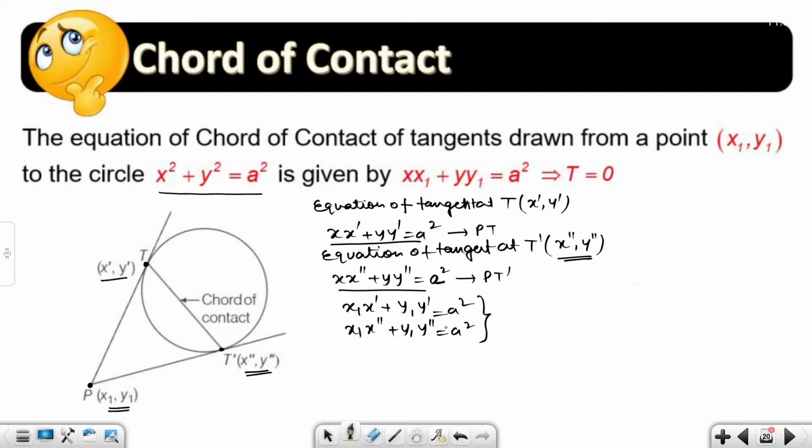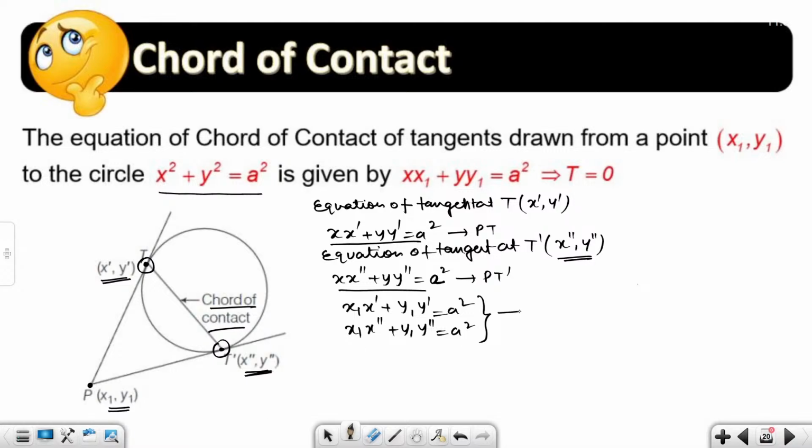Now what is our target? To find the equation of the chord of contact. Now, the chord of contact is a line which is passing through both these points of contact, isn't it so? That is, the equation of the chord of contact is definitely going to satisfy both the points (x dash, y dash) and (x double dash, y double dash).